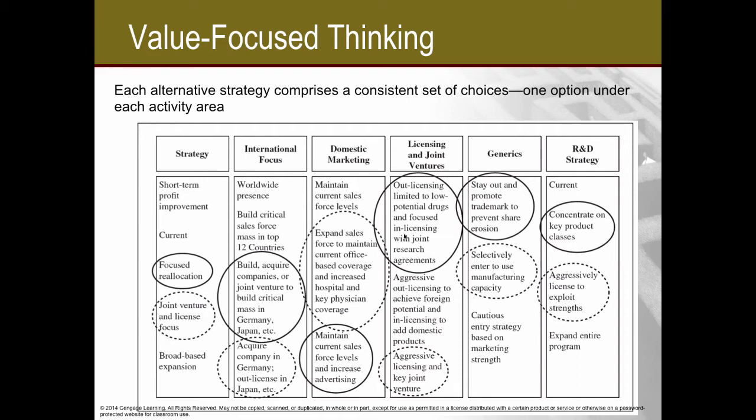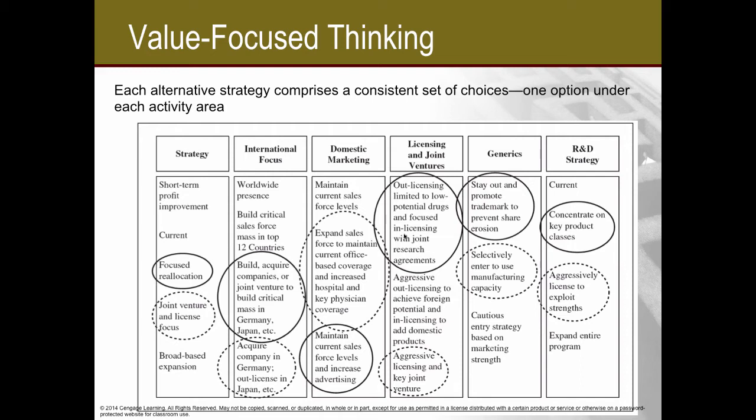So in a company, you have to have international focus, domestic marketing, licensing and joint venture, generics, and also the research part. So if you pick one, for example, let's say just focus on reallocation, then it's better to acquire companies or joint venture, followed by maximizing current sales force and increasing advertisement. And then in terms of licensing, you have to do out-licensing, basically out-licensing limited to low potential drugs, and focus in-licensing with joint research agreements.